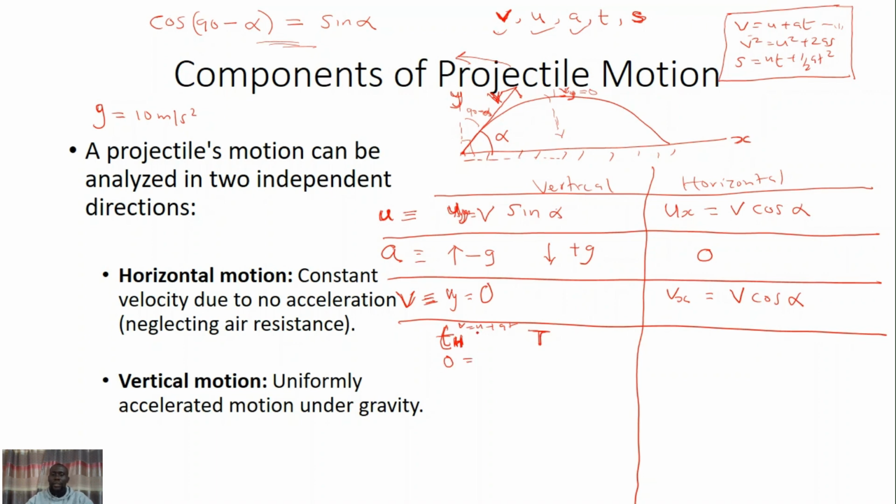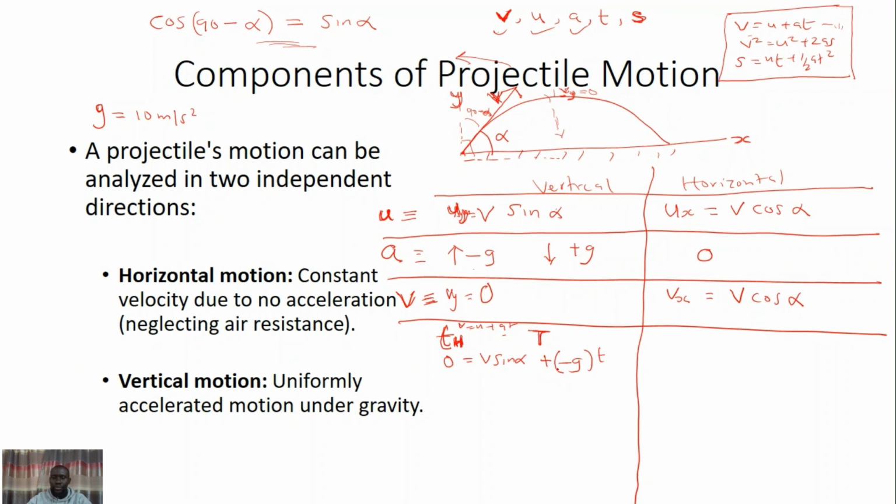And the initial velocity is usually this, v sine alpha. That's the initial velocity, plus, don't forget that at the point that this body is going up, the acceleration will be minus g. So a will be minus g, times t, which we want to calculate.